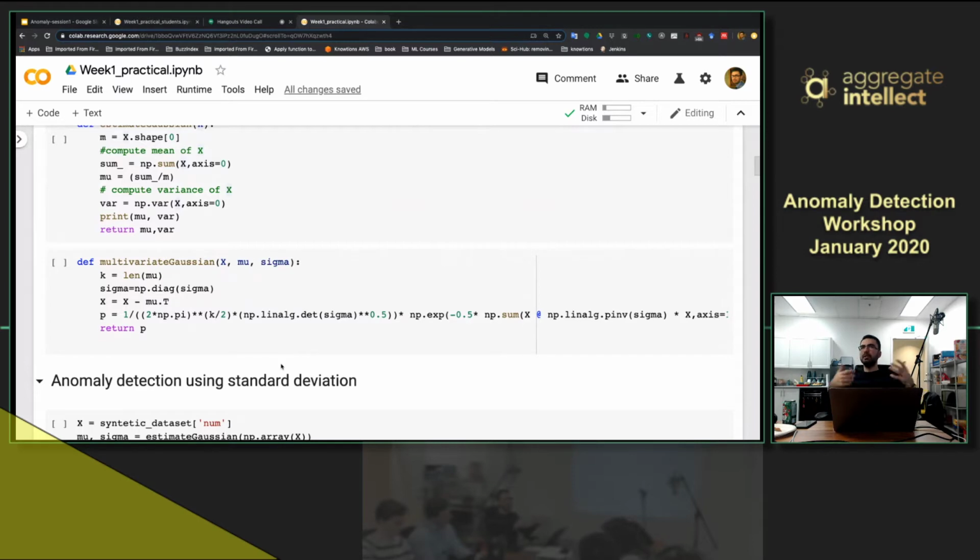So basically, what we are doing is fitting the Gaussian model by just computing the mean and standard deviation, and then using that, we can compute the probability or likelihood of that sample.